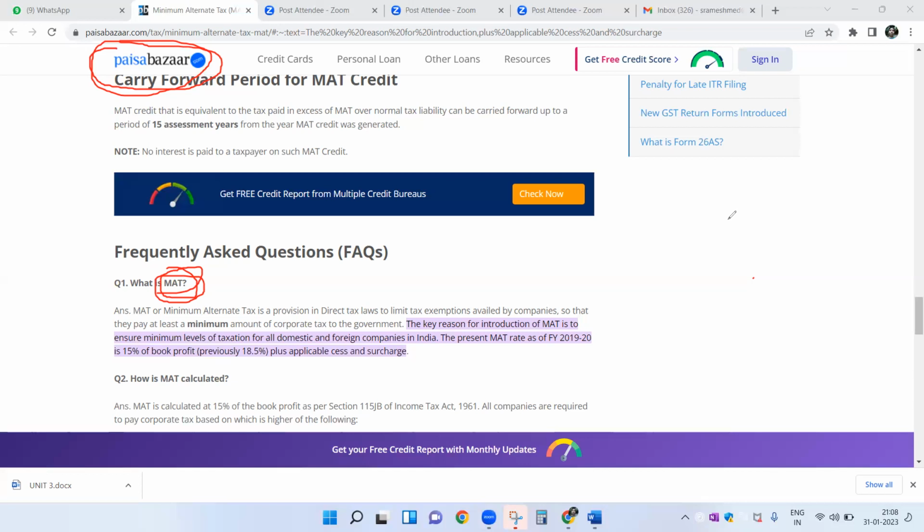Please remember that in our country, not even 1% of individuals are paying. Yes, there are several loopholes, and those loopholes are a source for the evasion of tax.